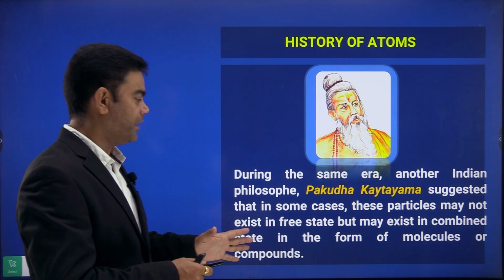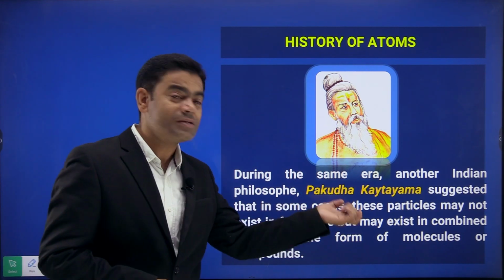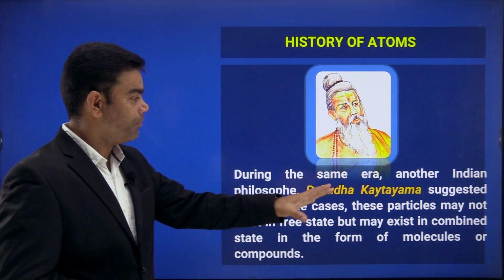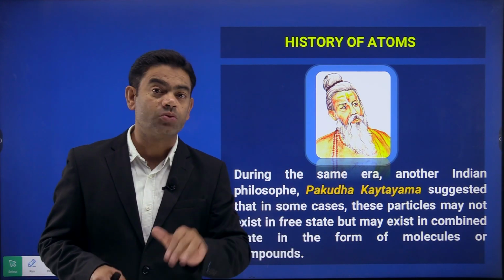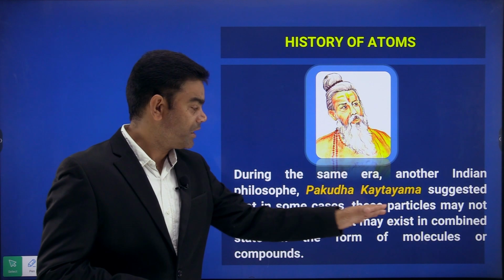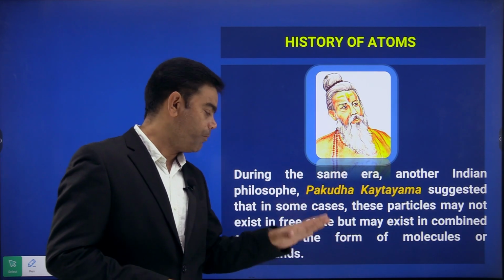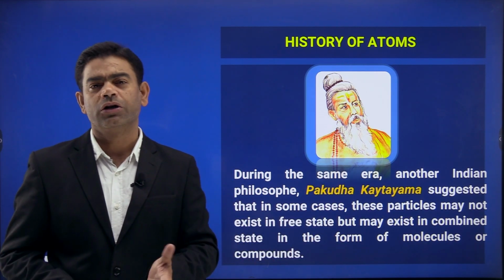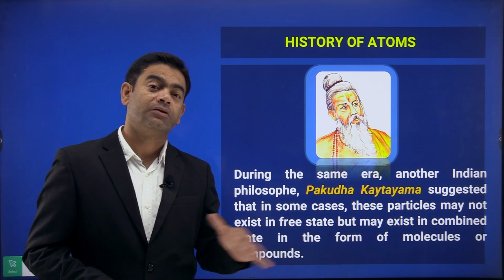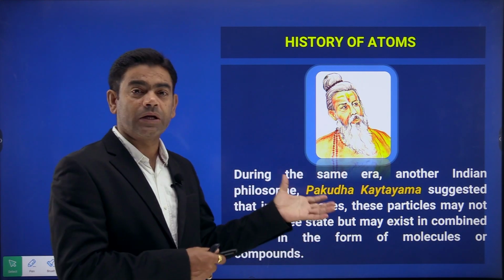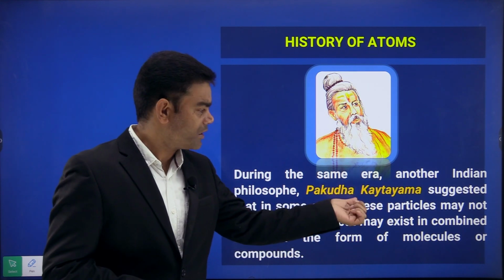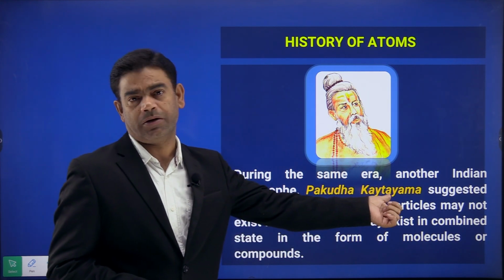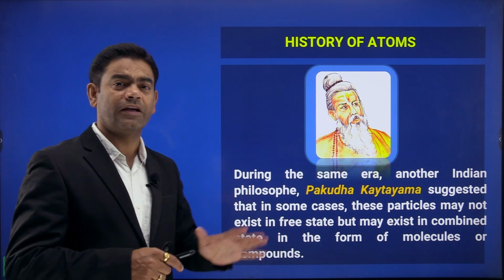So he gave the idea that in some cases these smallest particles, they may not exist in free state. Free state means they won't be individual. Okay, they may exist in combined state in the form of molecules of compounds. Okay, this was the idea given by our Indian philosopher, Pakuda Katyayama. Okay, so this person gave this idea.